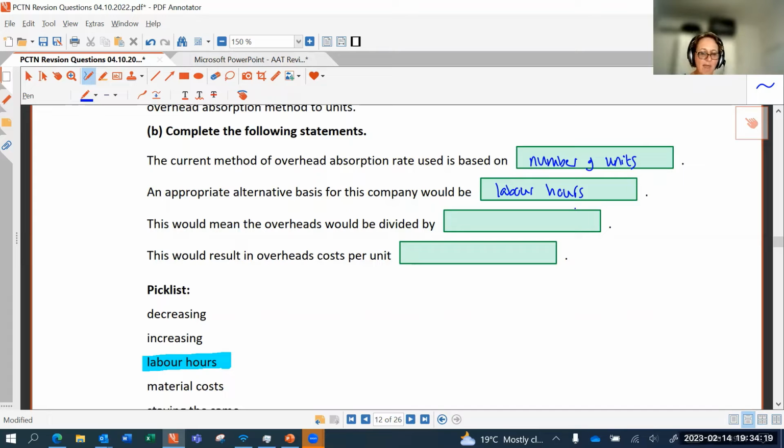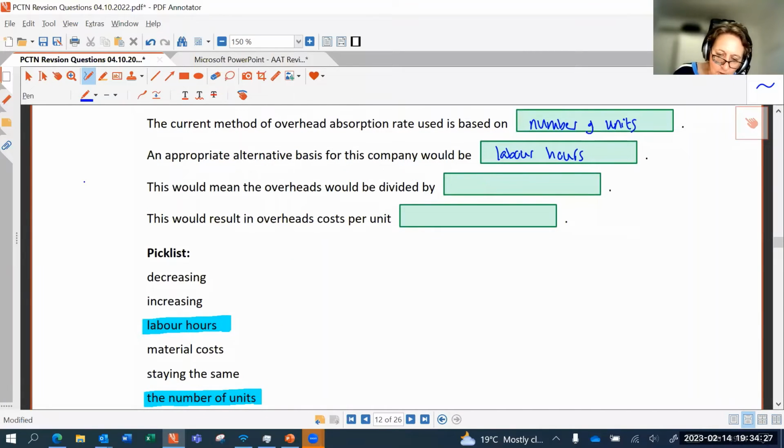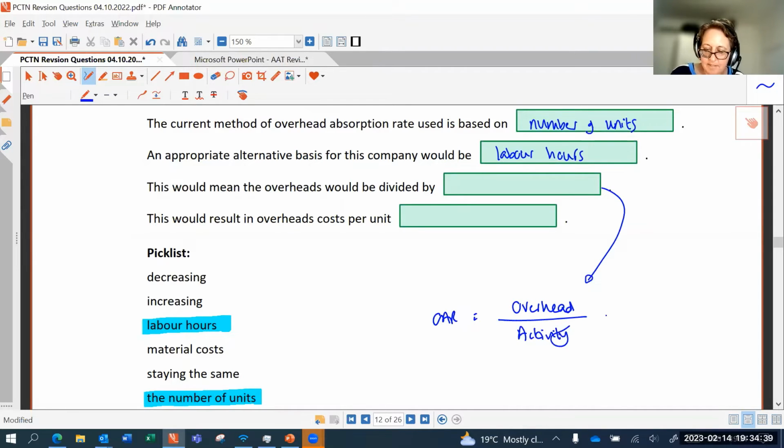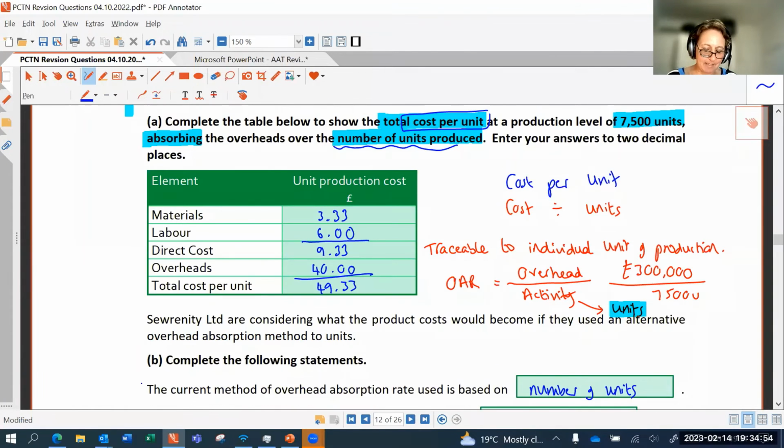This would mean that overheads would be divided by, and this is going to be a number. So my overhead absorption rate, what would it look like? Well, it would still be the overhead, and it would still be divided by the activity. The difference is when I take my overhead of 300,000, I wouldn't divide it by the number of units anymore. I would divide it by the number of labour hours. Absolutely right.